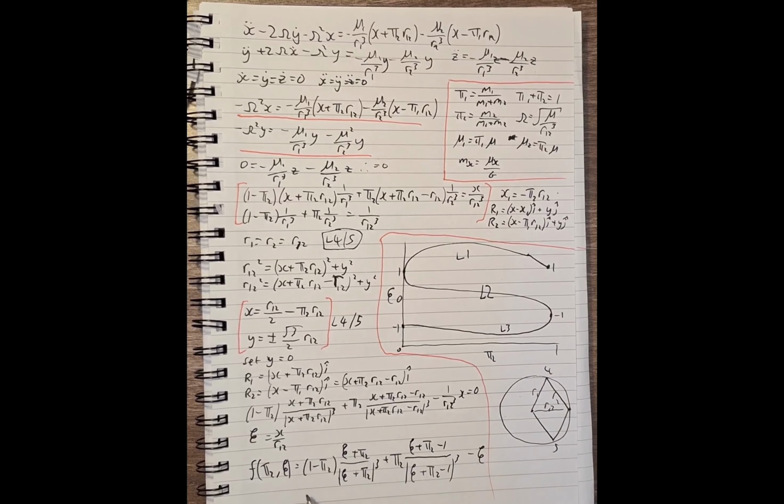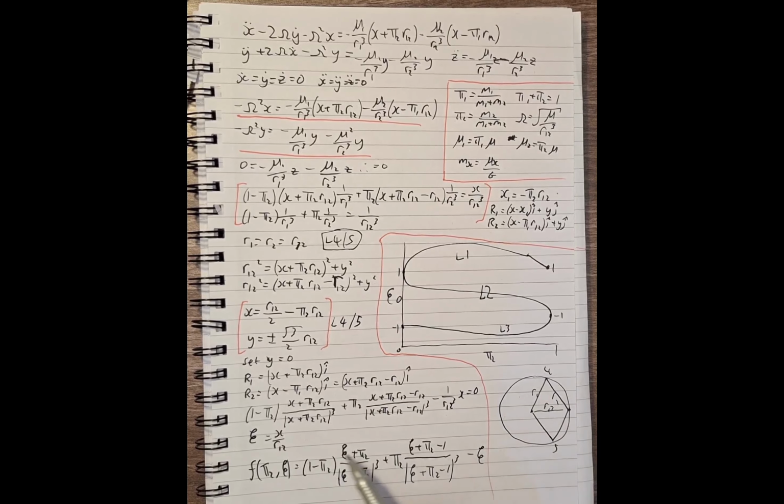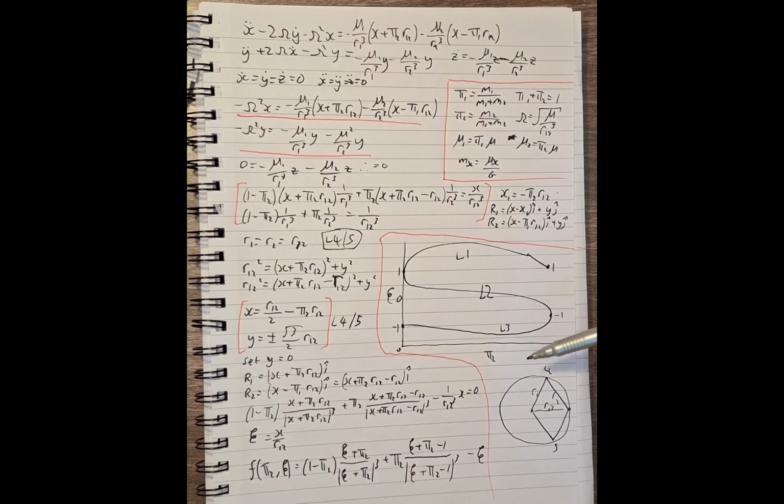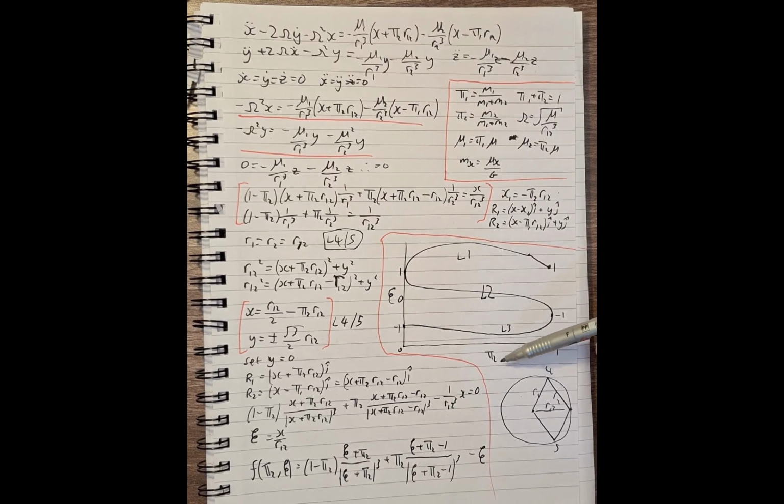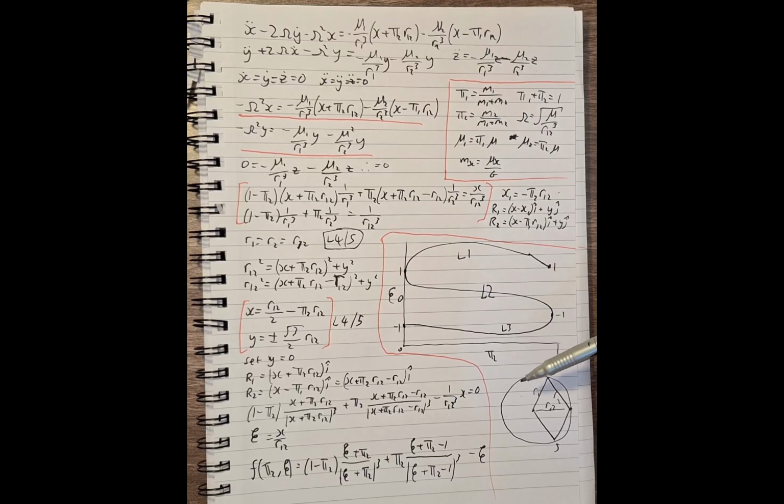And you end up with this, and we say f of pi2 comma xi equals that. And this is also not solvable, but if you put in a range of pi2 and xi, you get this graph. And this graph is awesome because it shows us where our L3, L2, and L1 roughly land for different values of pi2. It's not exact, but we can use it to get a starting point.